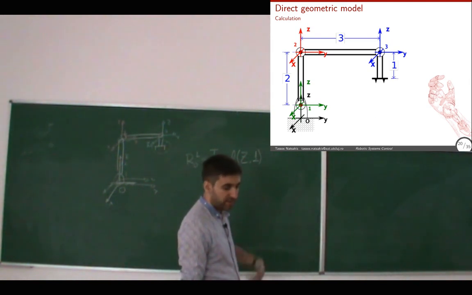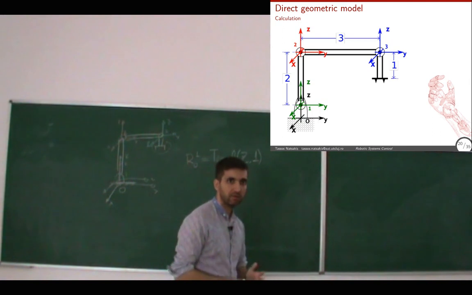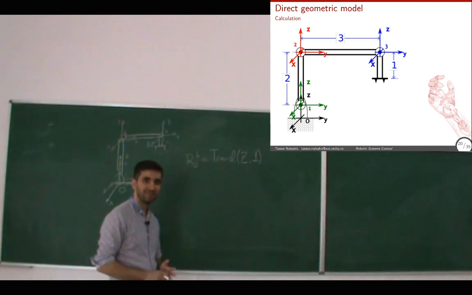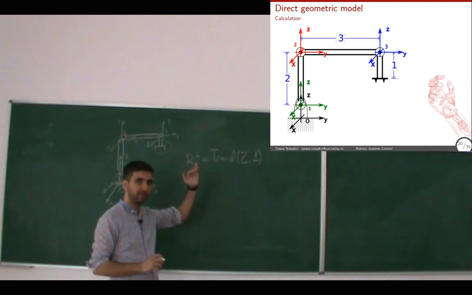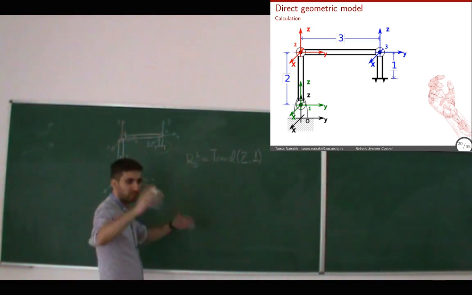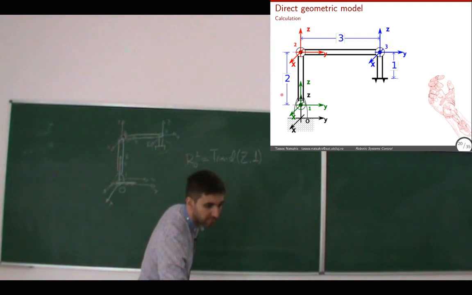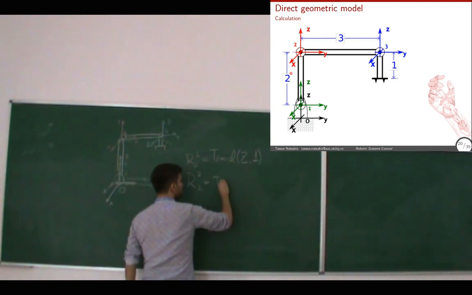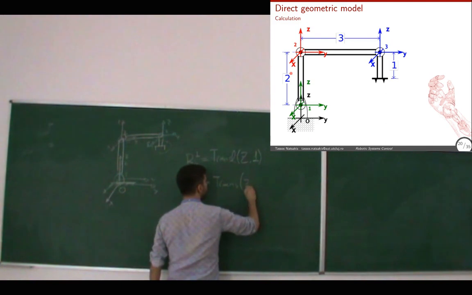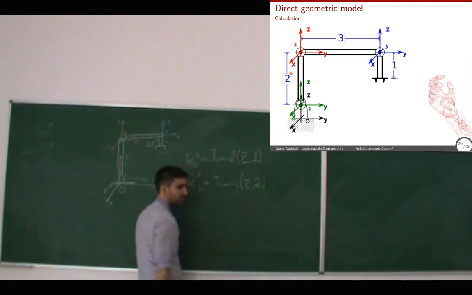What is the transformation from coordinate frame 1 to coordinate frame 2? So from the green to the red one. You said the previous one, somebody else. So what is the transformation between the green and the red? Translation on z by this length here, by 2. So the transformation from 1 to 2 is again a translation on z by 2 units.